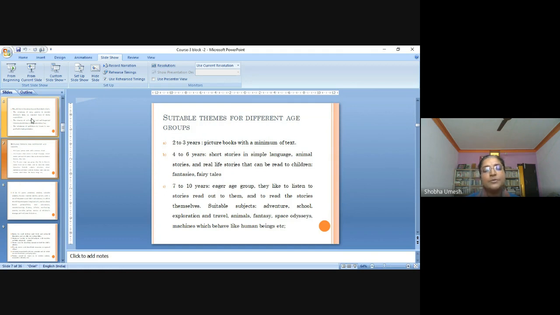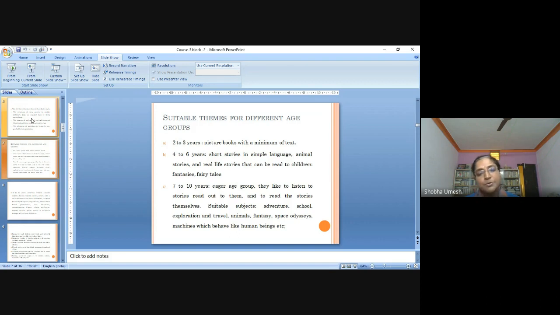And also the age group from 7 to 10 years is eager to know many things. They like to listen to stories read out to them, and also to read stories by themselves. Till the age of 6 they will be listening to their parents, teachers, elders, or siblings.